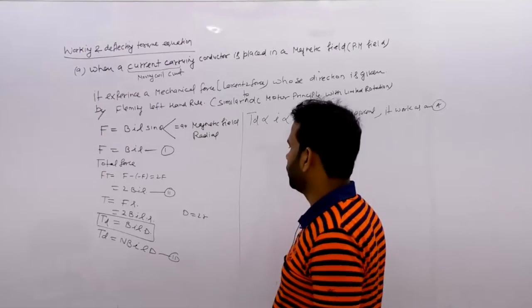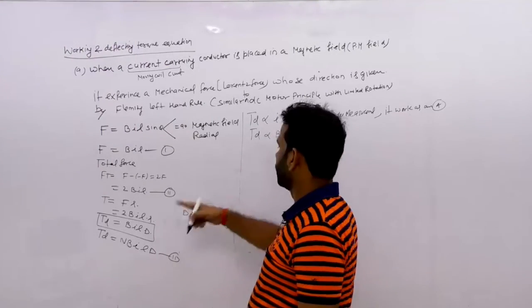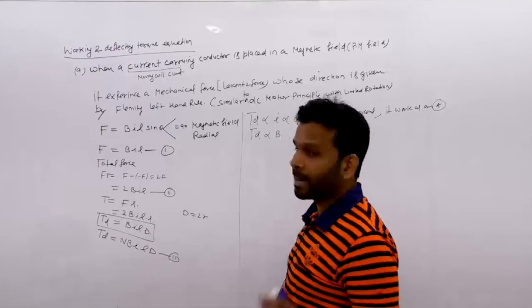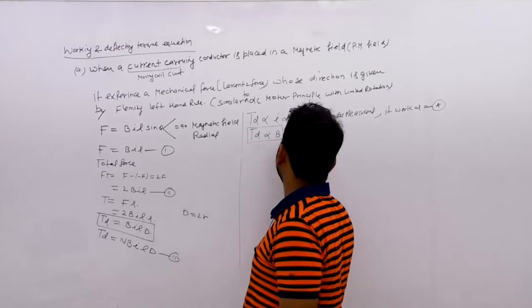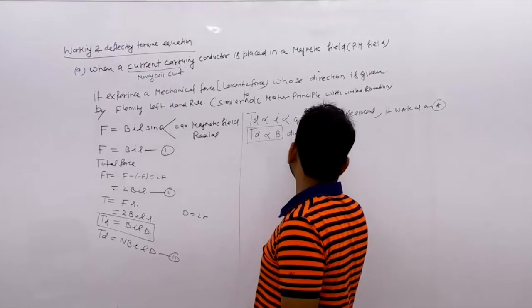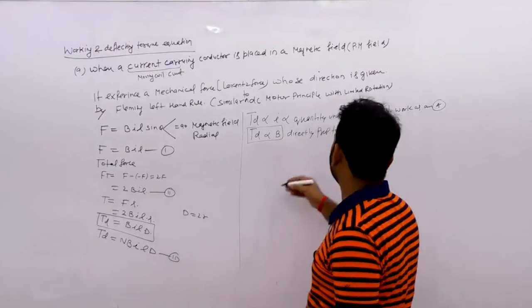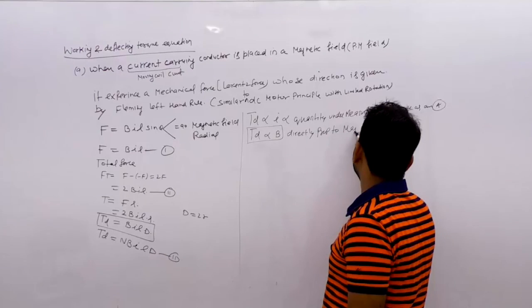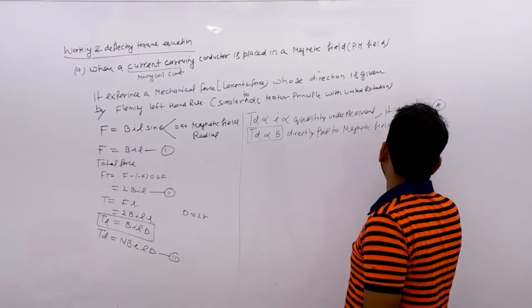The next point we will see, your deflecting torque is proportional to your magnetic field of what? Permanent magnet. It is directly proportional to the magnetic field of the permanent magnet.